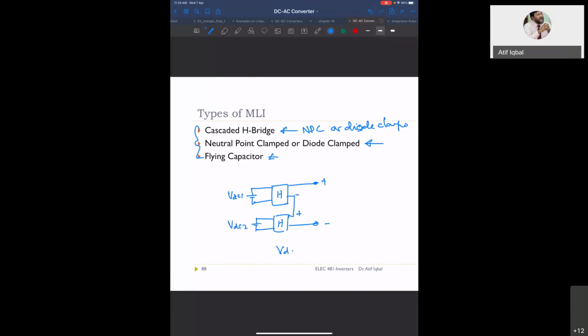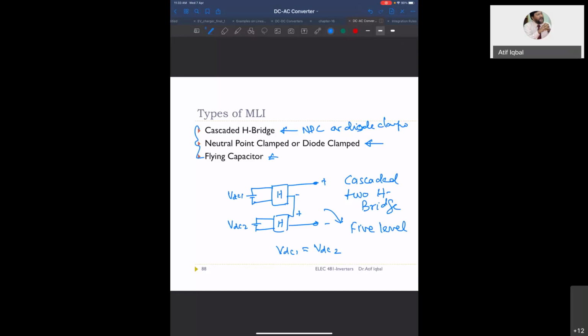But VDC1 should be equal to VDC2, otherwise the output levels will be of different heights. So in this, you see what we did, I cascaded two H bridges. Now my output here will be 5 level.